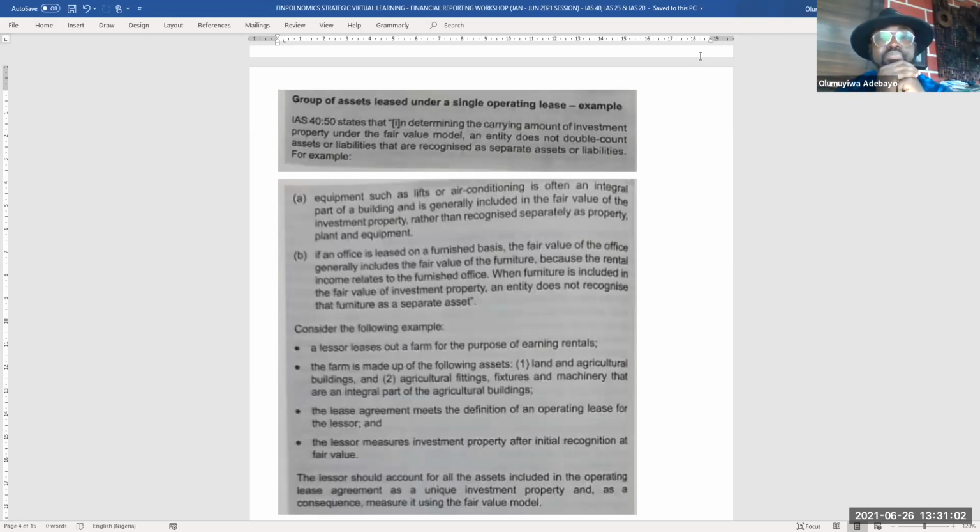Now, secondly, if you are a lessee, you have a right of use, okay? And by nature, the property you have right of use on, you didn't use it for your administrative purposes.